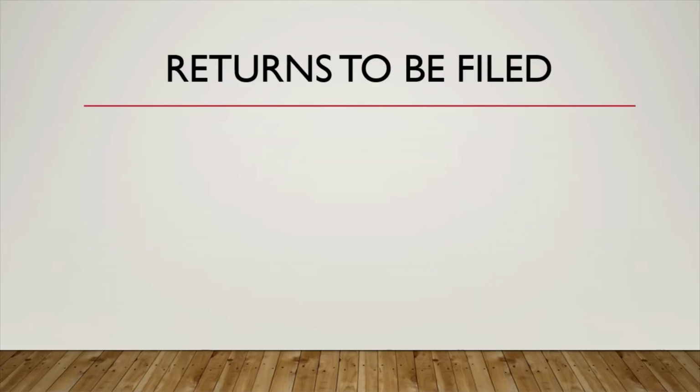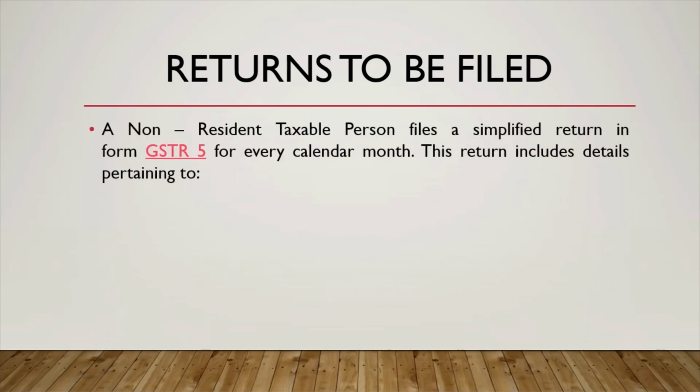Now, the returns to be filed by a non-resident taxable person. First point under this is that a non-resident taxable person files a simplified return in the form of GSTR 5 for every calendar month. This return includes details pertaining to the following. First, the inward supplies, the supplies which are coming in.